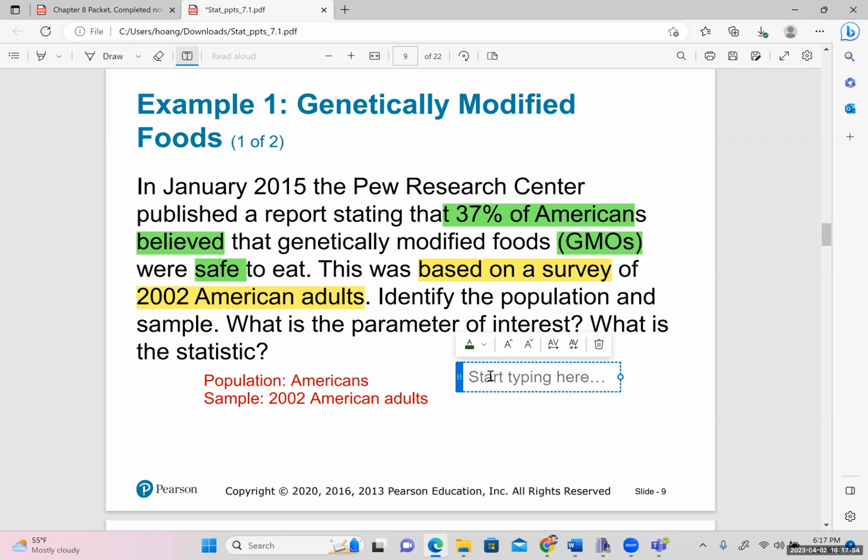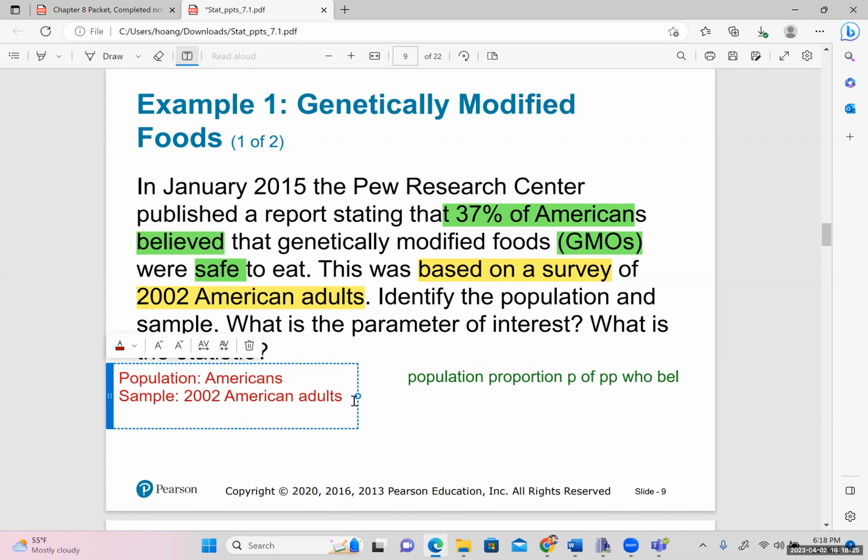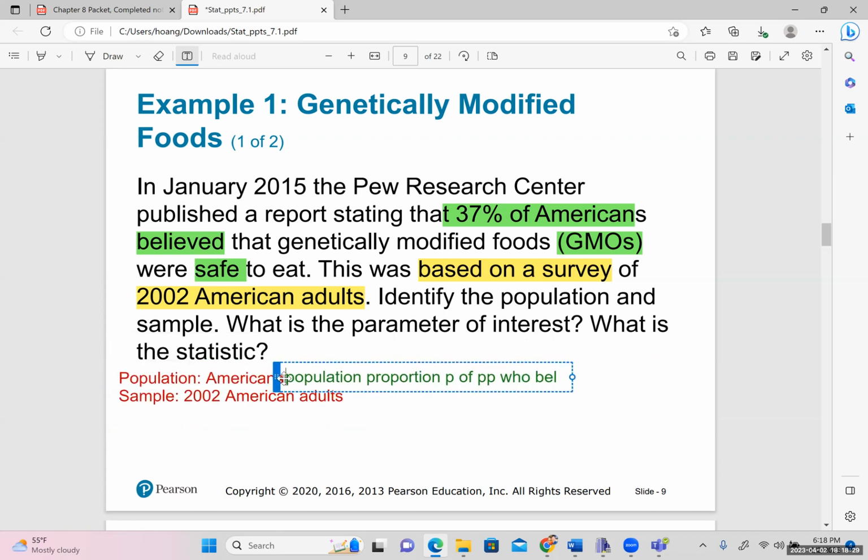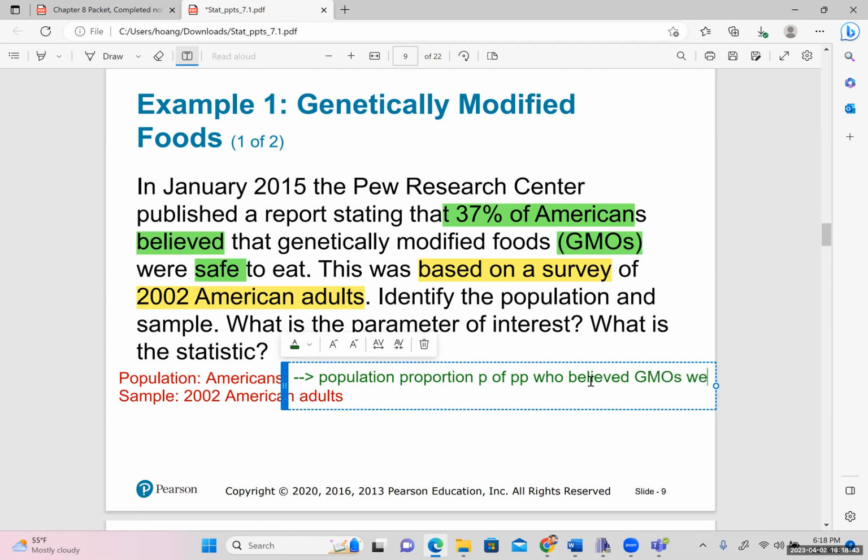We are interested in the population proportion, with p, of people who believe GMOs were safe.